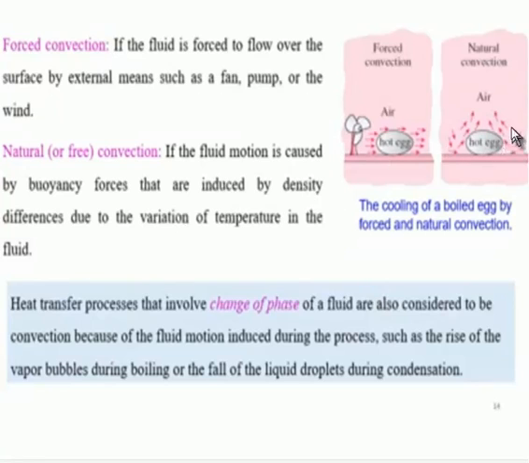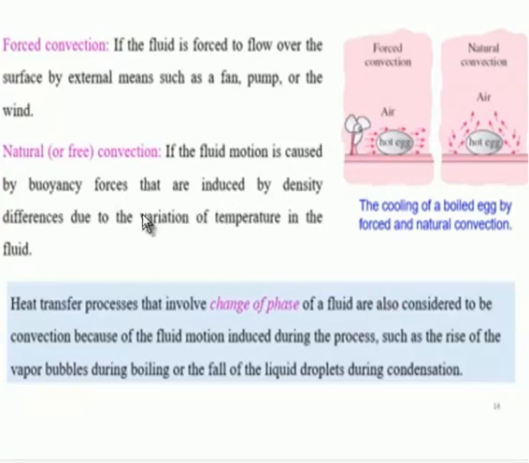In the second figure there is a hot egg again, and the air is flowing over the hot egg without any external devices. We are not using any external devices to flow the air over this hot egg. So how does this air flow? It is caused by the buoyancy forces.